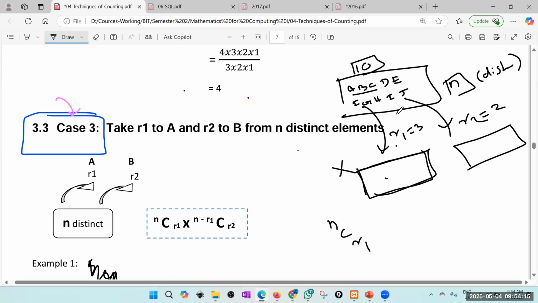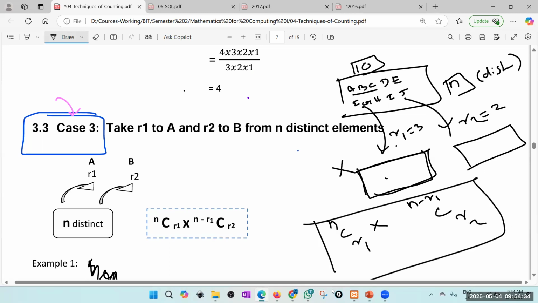Because all 10 people, you select 3. Into, now we have N minus R1 team members. Because R1 is already sent. From that N minus R1, you select R2 number of elements. And that is the number of possibilities. Okay.